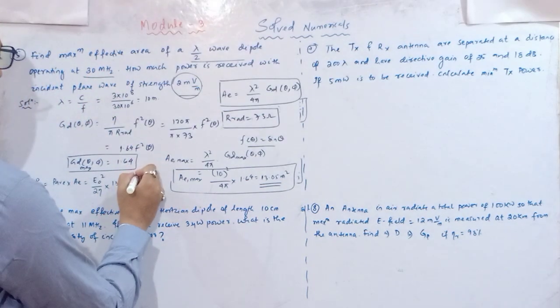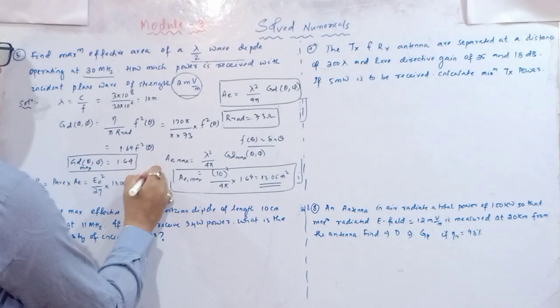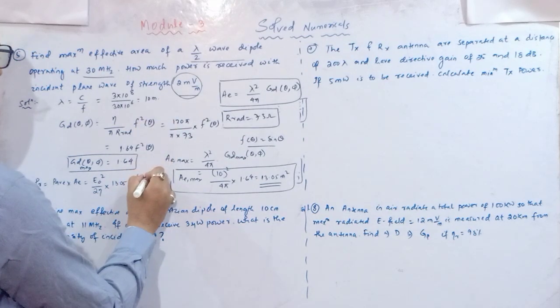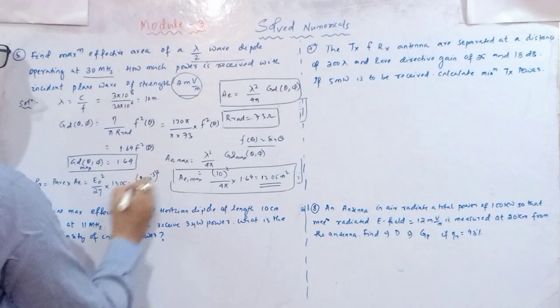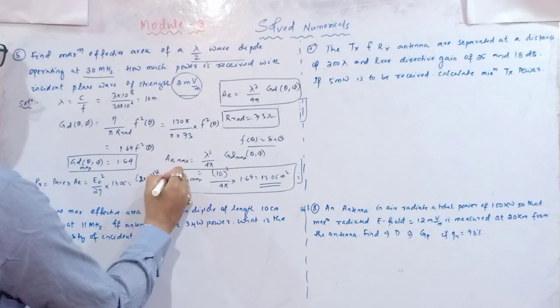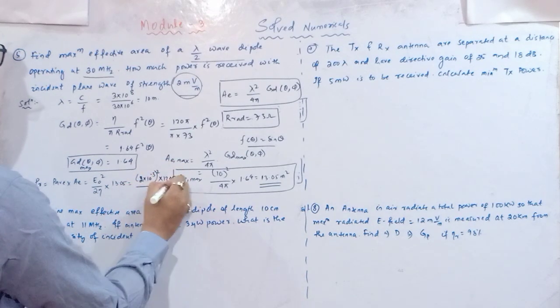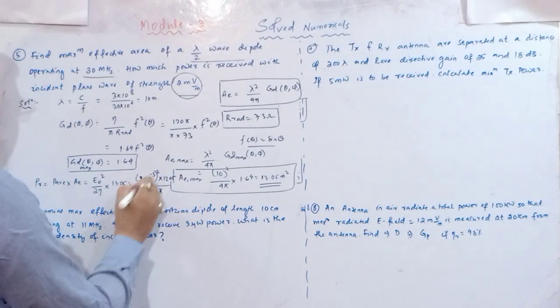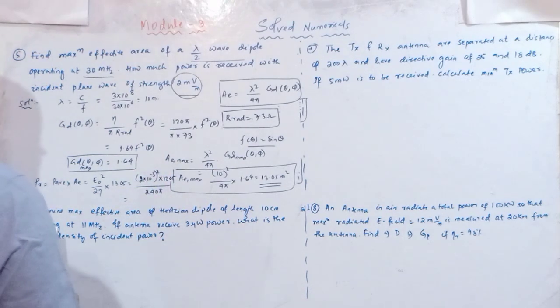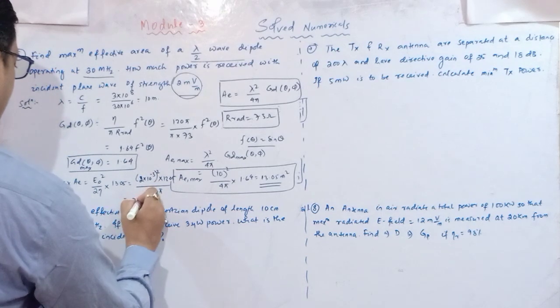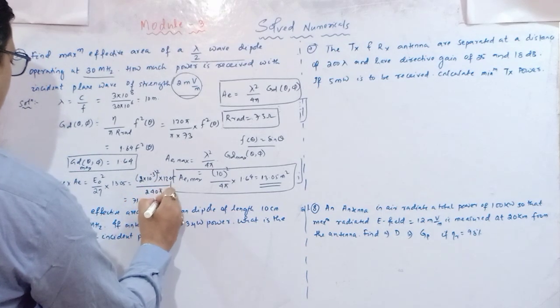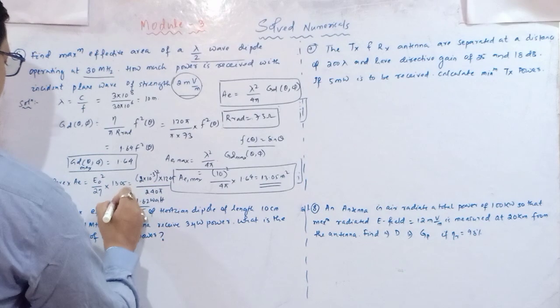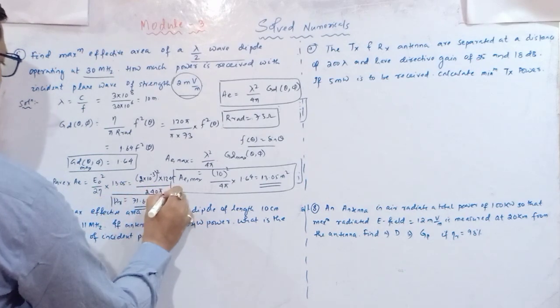So here I will write it as (2 into 10 to the power minus 3) whole square into 13.05 divided by 240 pi. If you solve this, you will get your power received as 71.62 watt.